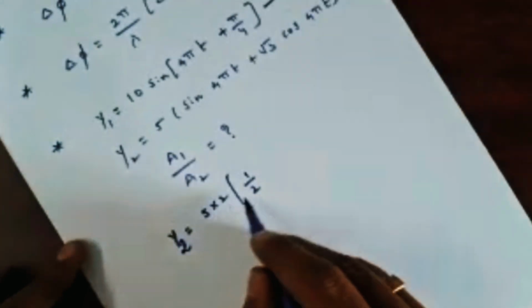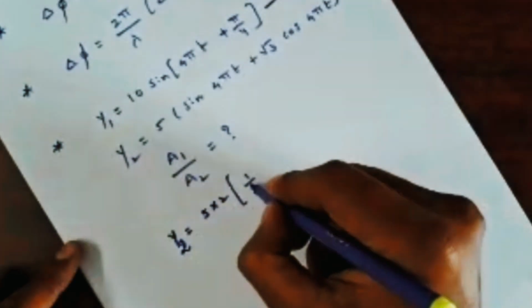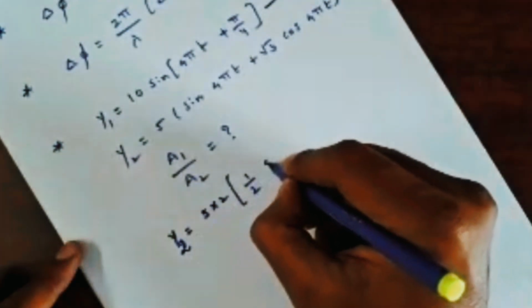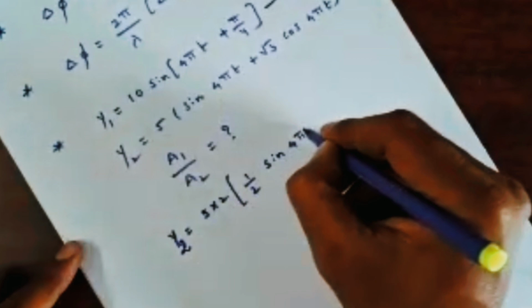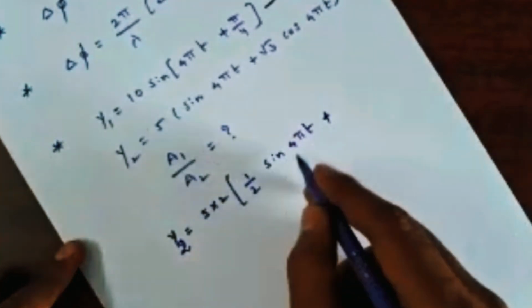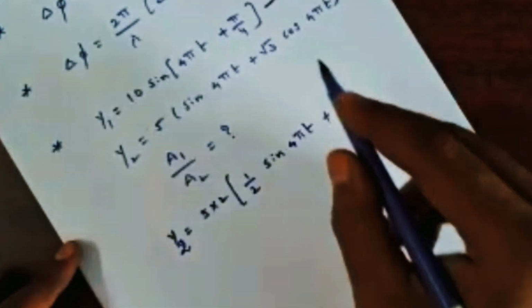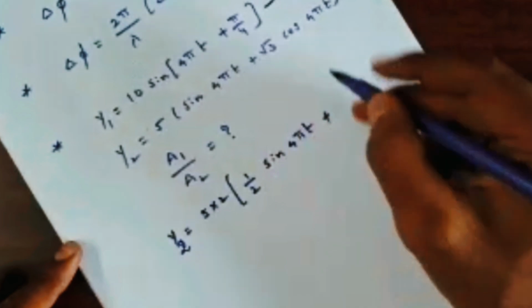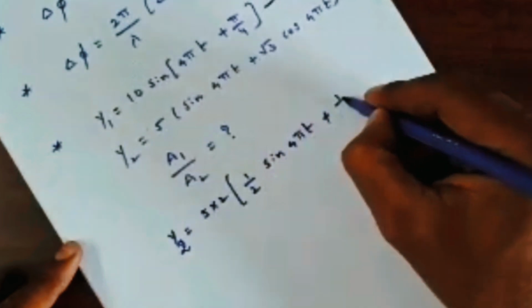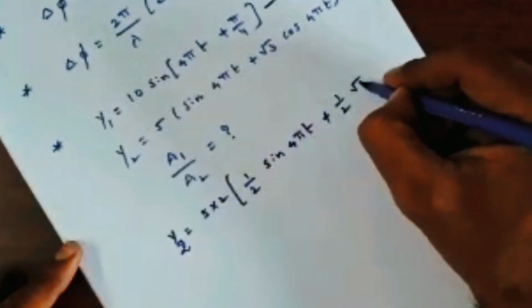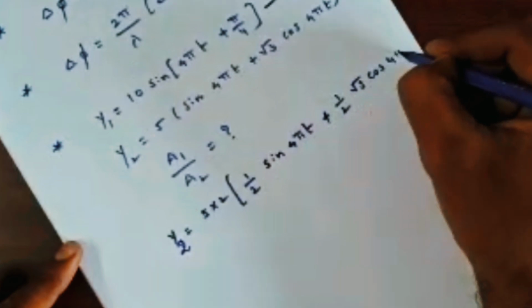If you multiply this term and this term, the 2s get cancelled and you again get 5, no change in the value. But if you write it for one term only, then the value will change, so I write it for both terms: 1 by 2 sine 4 pi t plus root 3 by 2 cos 4 pi t.